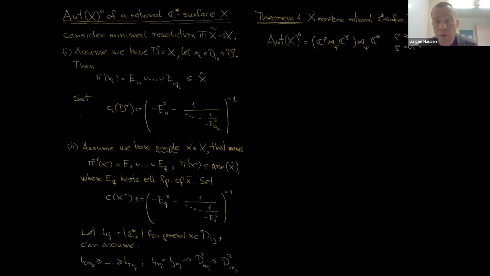And then we take the semi-direct product of this group with the acting group C star twisted by a homomorphism psi, which is also specified later.